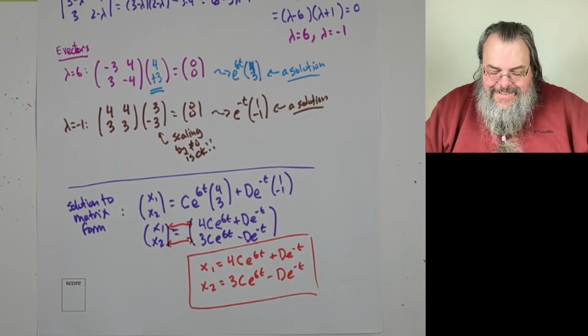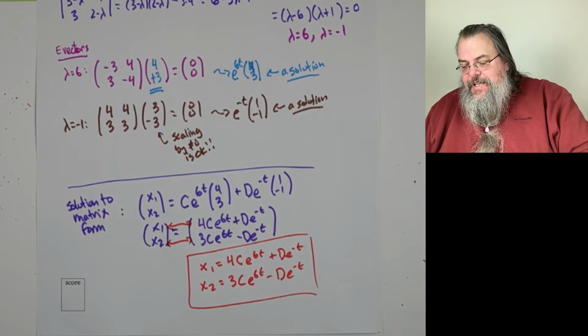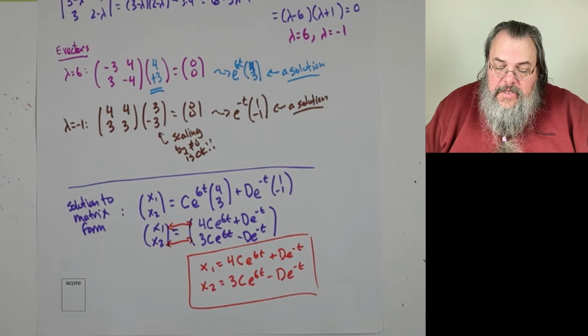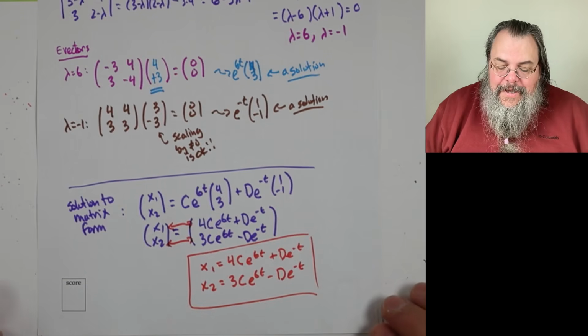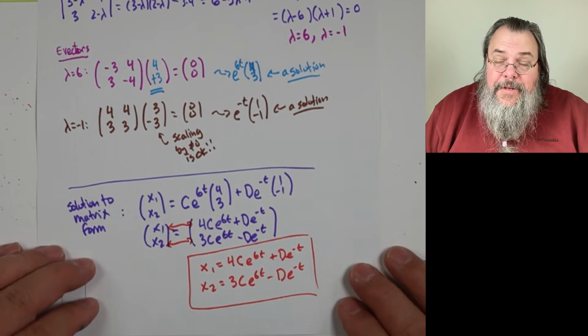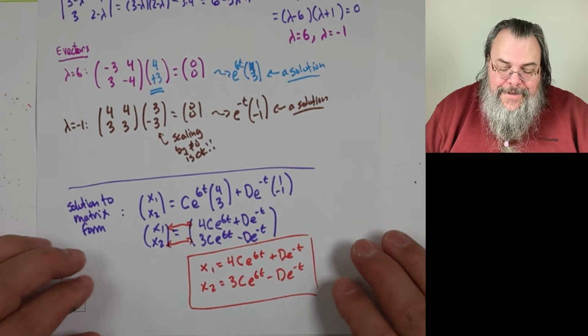Huzzah! It works. And it's all nice and clean. So, matrices actually are a powerful ally. And once you get the hang of them, they'll get you through a lot of good stuff.